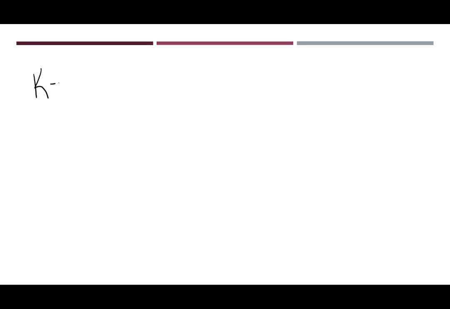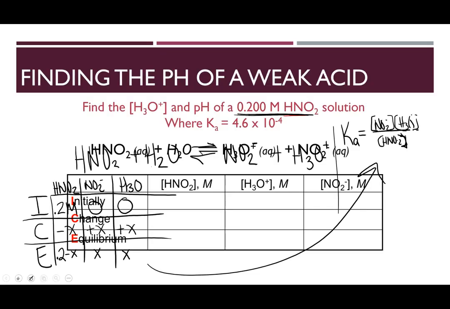So Ka was concentration of our products over concentration of our reactants. The Ka value was 4.6 times 10 to the negative fourth.